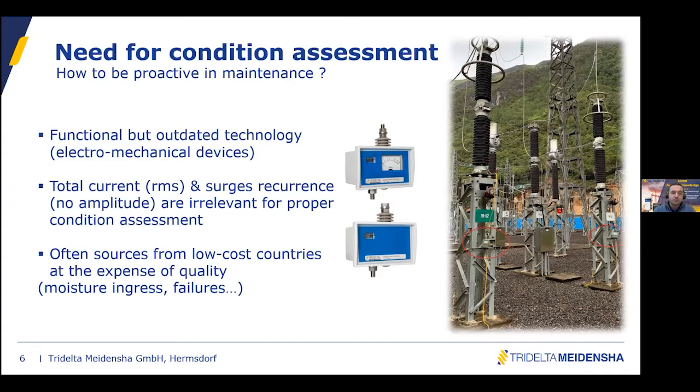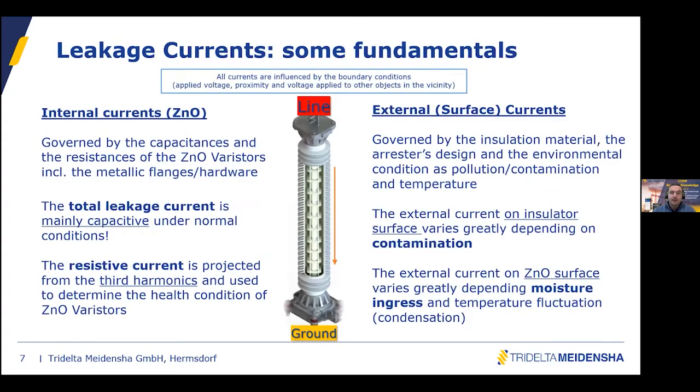And also, as you may know, many of the surge counters are outsourced in local countries at the expense of quality, and this could also lead to moisture ingress and failures. So it does not really make sense to use a device that will operate only for a few years, especially if the information provided is not very meaningful. So this was just for the introduction.